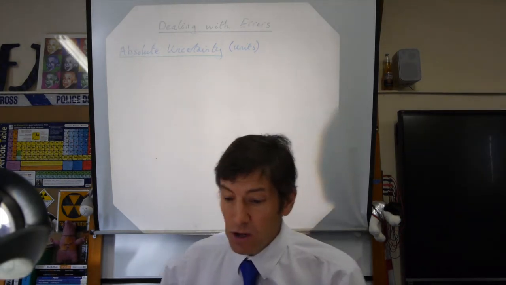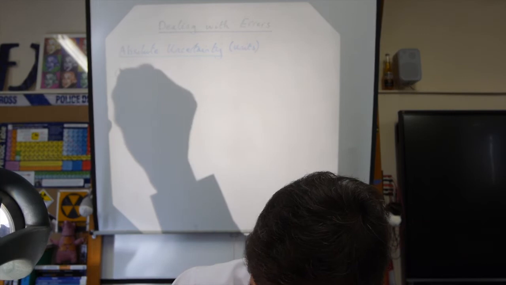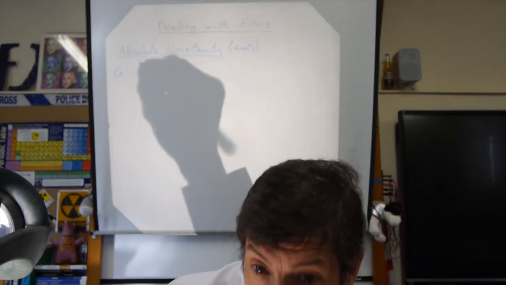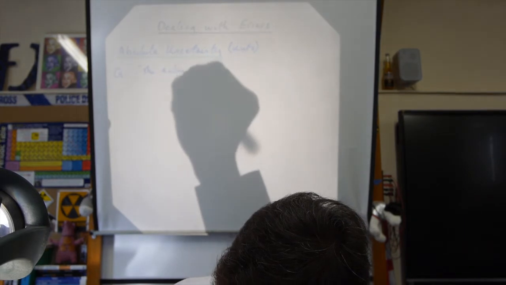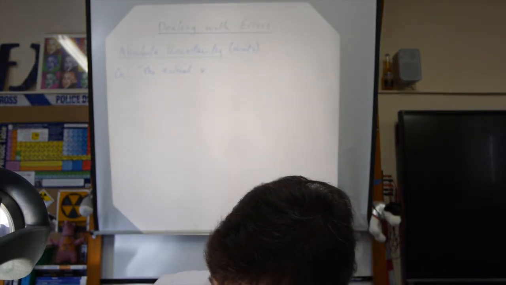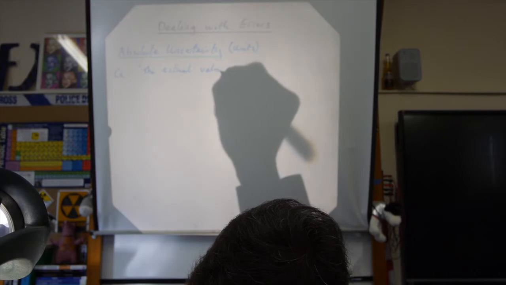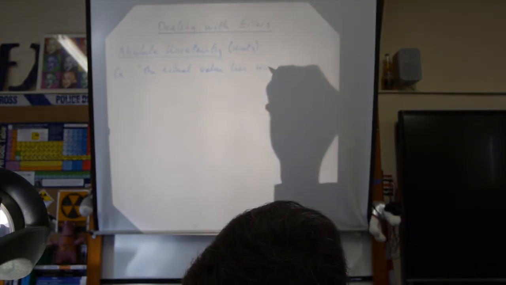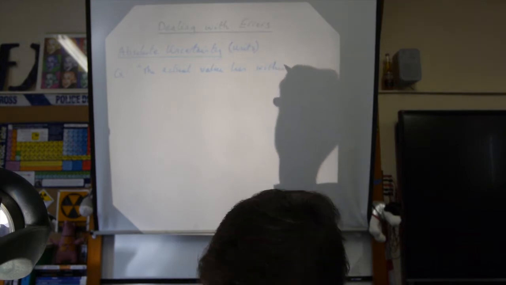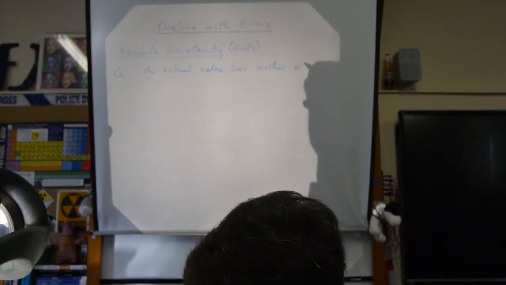Okay, so we're going to ask the question, if we make a measurement, so here's our question, the actual value, so what we might call a textbook value, lies within what range?